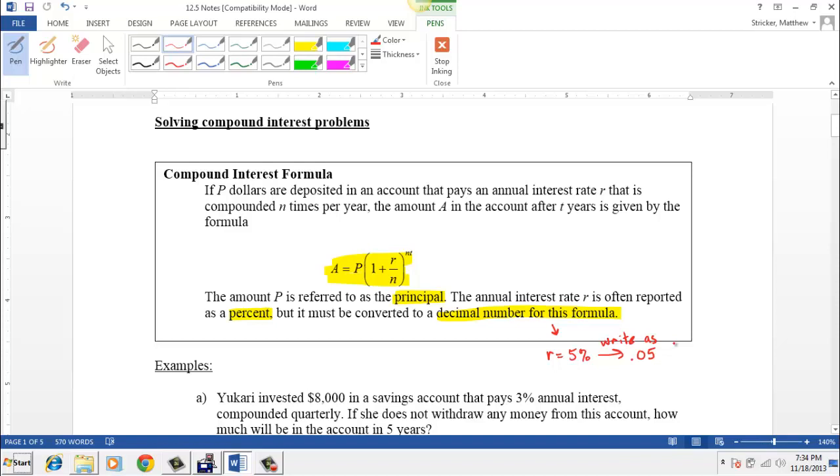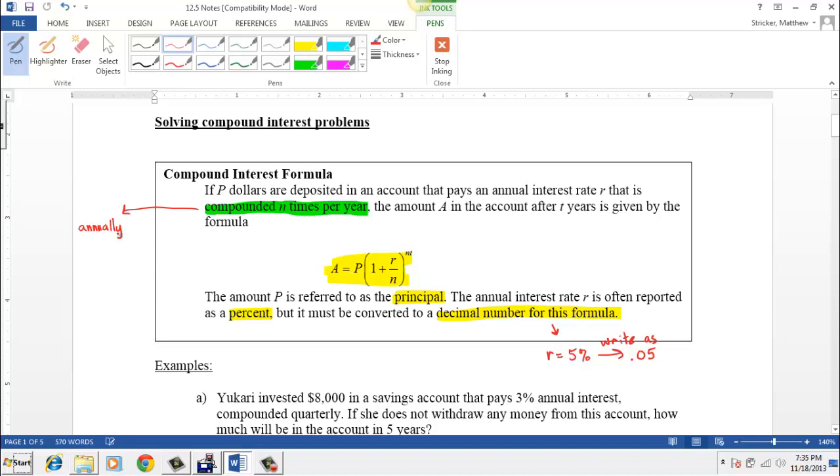And the other kind of important thing that may or may not be familiar in here is the idea of compounded n times per year. There's some different terminology that goes with that we want to mention at this point. Different values. Sometimes it might say compounded annually.